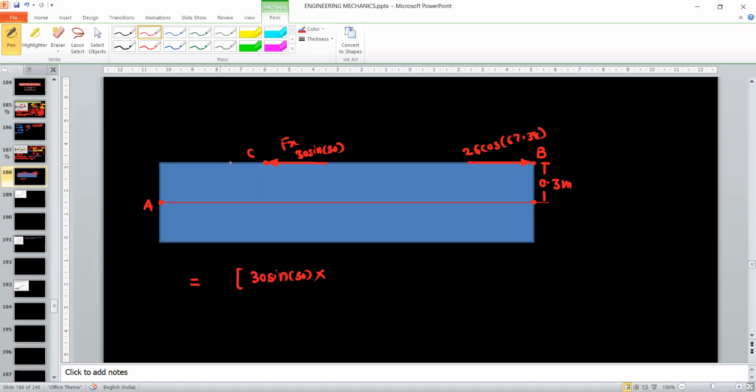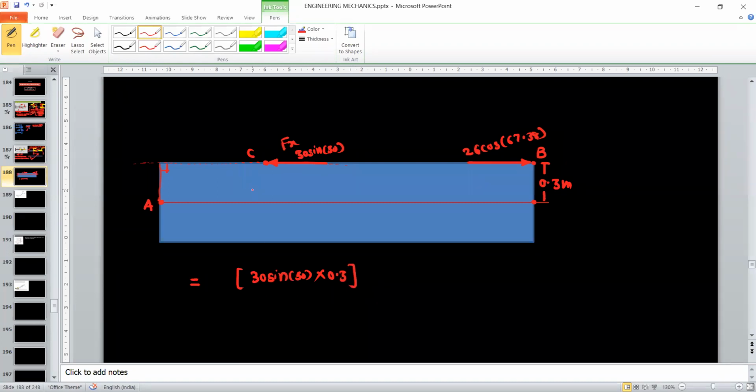If you extend the line of action, because force is a transmissible vector, this is the perpendicular distance for this component, nothing but 0.3 meter.